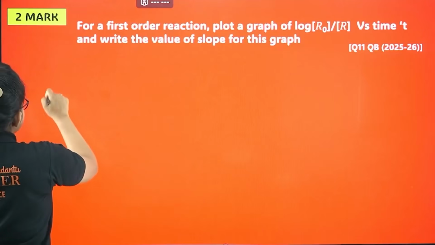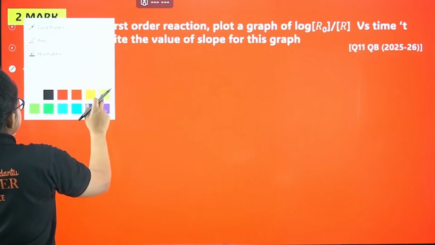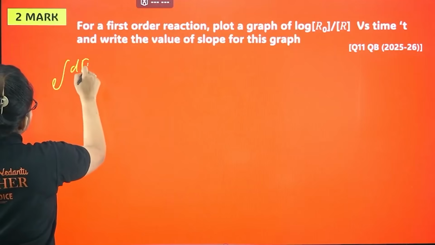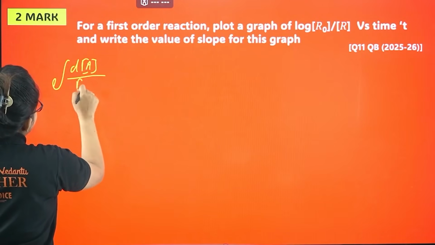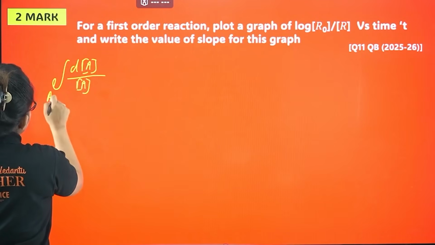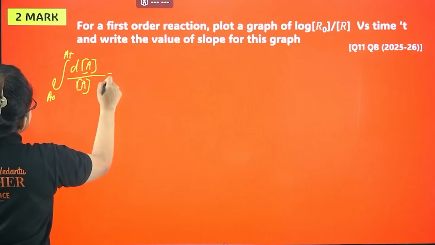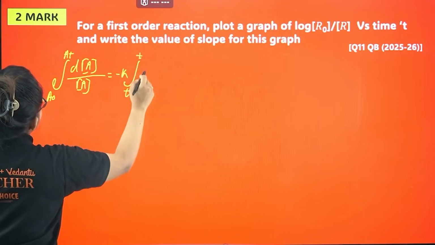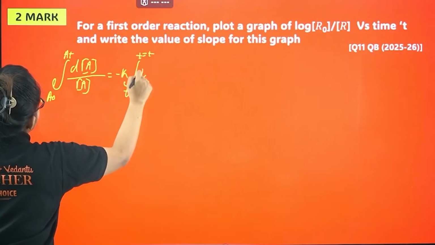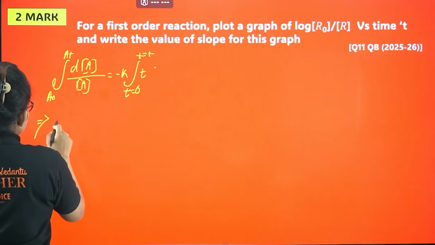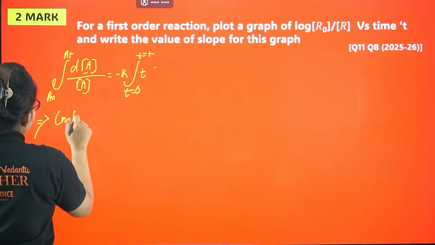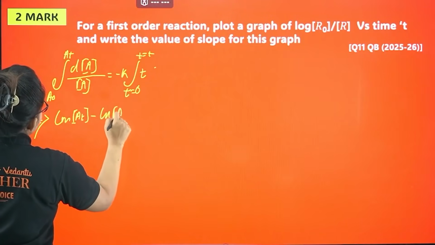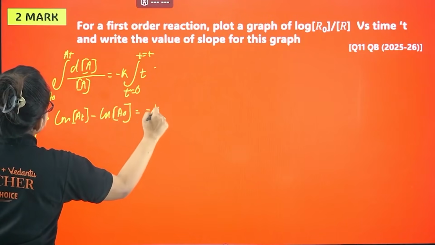if I show you from this step, integration of d of A by A naught to At is equals to minus k into integration of t equals to 0 to t. If I show it from here, that is ln of At minus ln of A0 equals to minus kt.